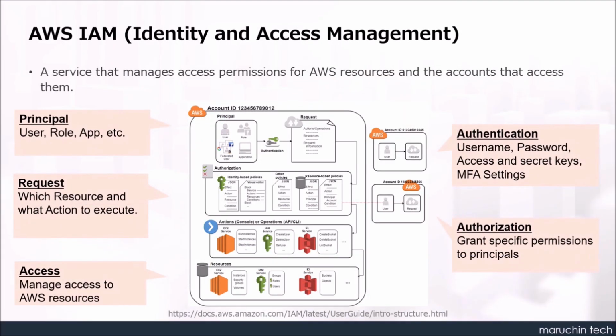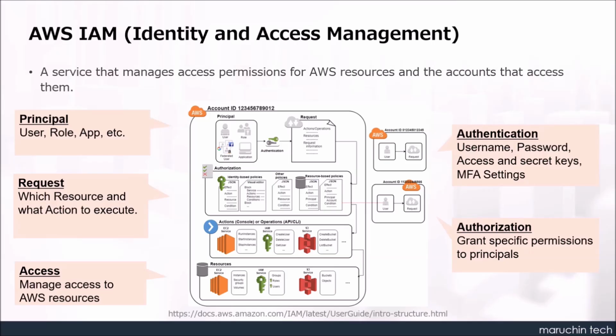Let me introduce IAM. IAM, Identity and Access Management, is a service that manages access permissions to resources and the accounts that access them. Using IAM allows for fine-grained access control, defining who can perform what action on which service. This enhances the security across the entire environment. As mentioned during account creation, a root user is created initially, but typically you sign in as an IAM user.